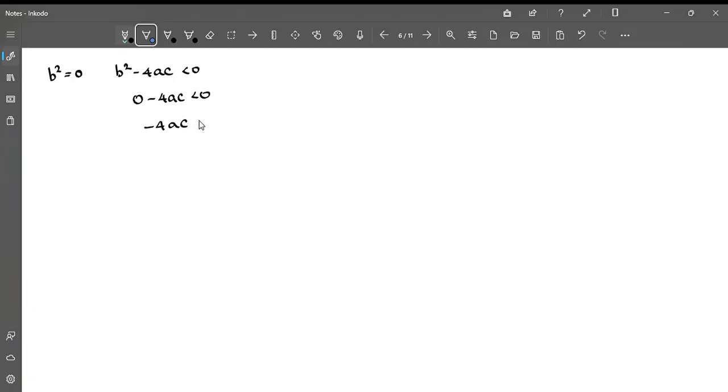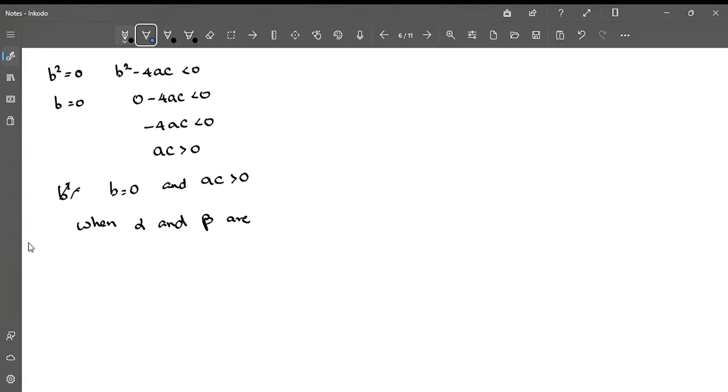Minus 4ac is negative, so remove minus 4, ac will become positive. B squared equals 0 means basically b equals 0. So b is 0 and ac is greater than 0. Where will this come? When alpha and beta are both purely imaginary.